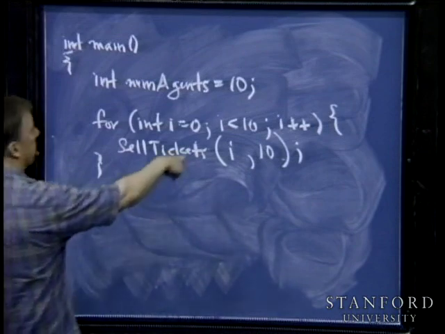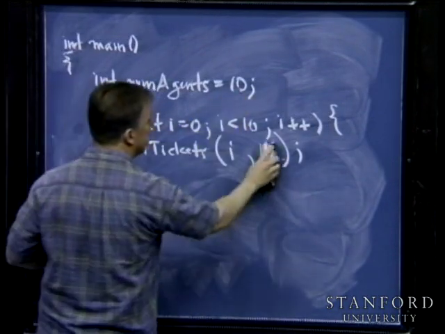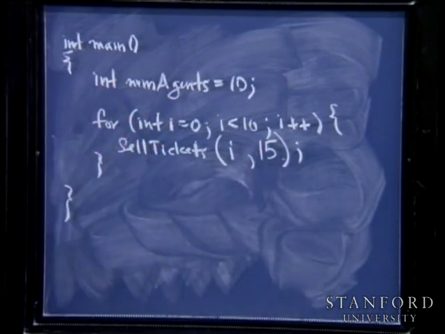This is the number of agents right here. That number is the same as there. In fact, let's say that there are 150 seats on the flight, so we don't have to mix tens. The idea of sell tickets is that it's supposed to simulate the requirement that some ticket agent actually sell 15 tickets before his or her job is done. Okay?